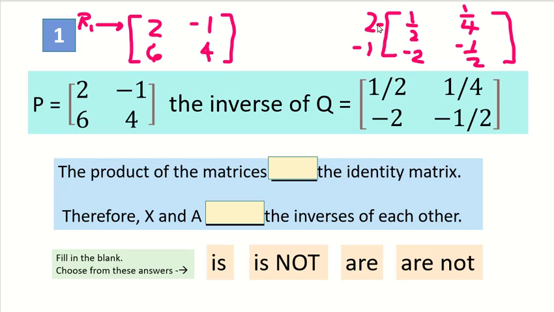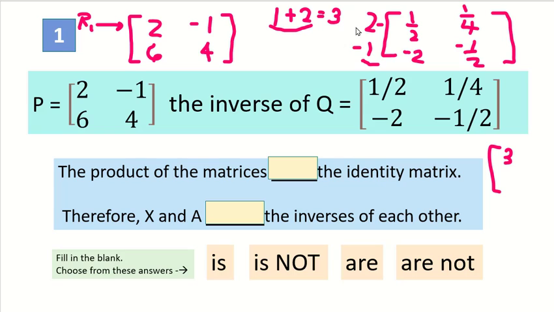Multiply 2 times 1/2. 1/2 of 2 is 1. And then multiply -1 times -2. That's a +2. Add those together and you get 3. Alright, so that's the result of the first row times the first column. I'm going to put that in a new matrix right here. First row, first column goes right here.